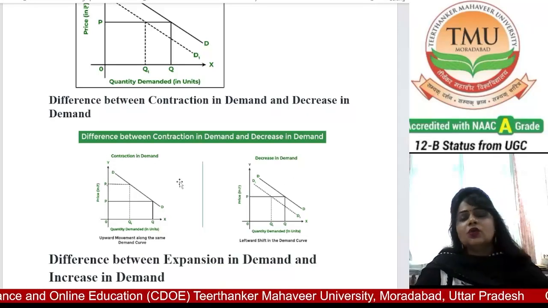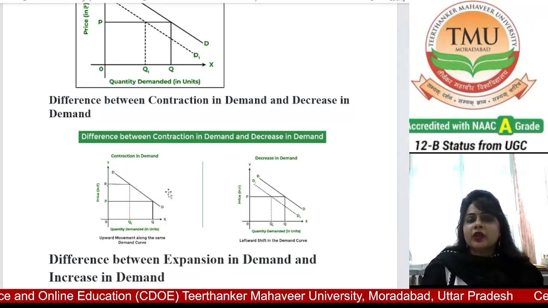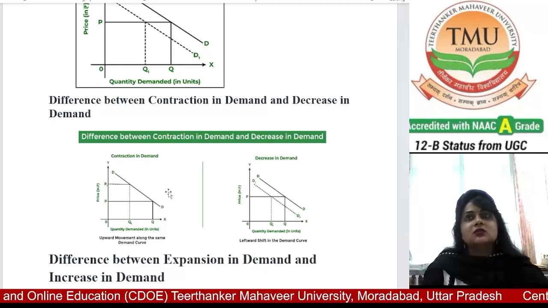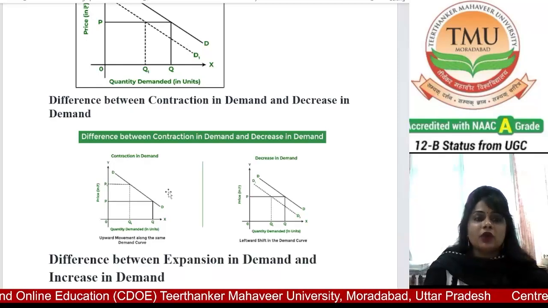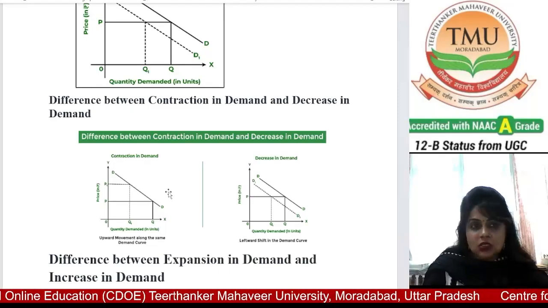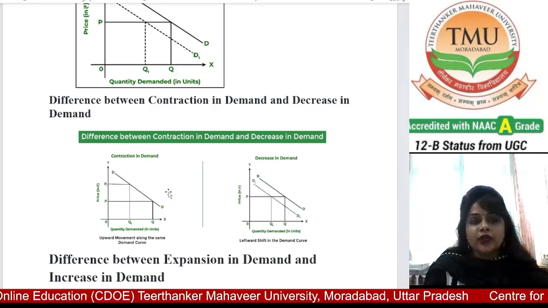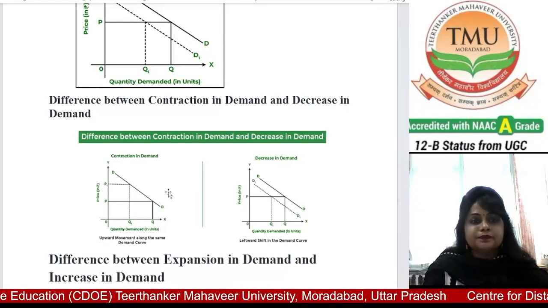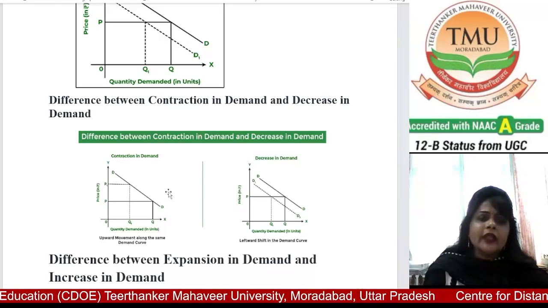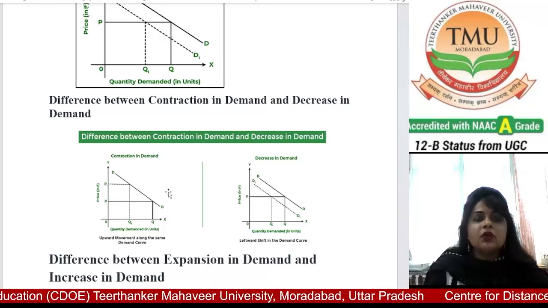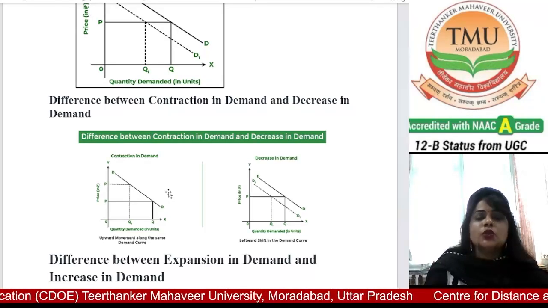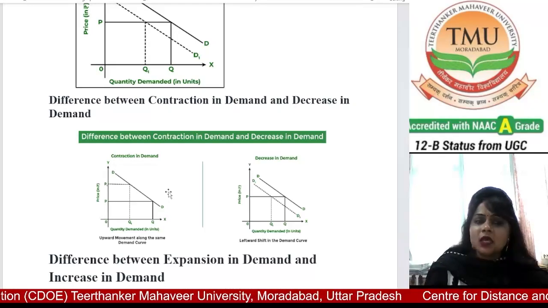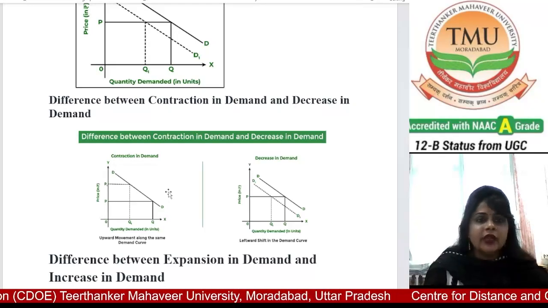Now take an example of contraction in demand. If the demand for a commodity falls from 200 units to 140 units because of an increase in its price from 15 rupees to 20 rupees, it is a case of contraction in demand.